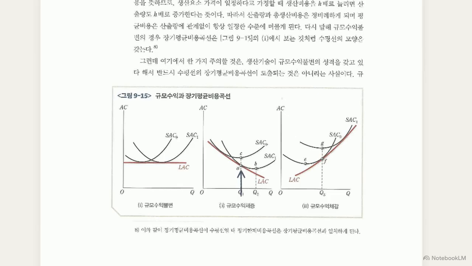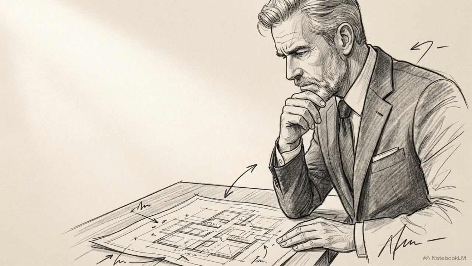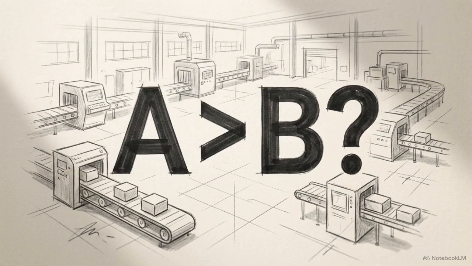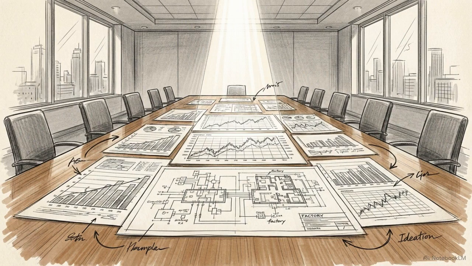Instead, the optimal point of operation, where the SAC curve meets the long-run curve, occurs to the left at point A. This raises a difficult question. Why would a rational, profit-maximizing firm choose to operate a factory at point A, where costs are mathematically higher than its absolute minimum at point B? The answer lies in a long-term mathematical strategy that the short-run efficiency curves tend to obscure.